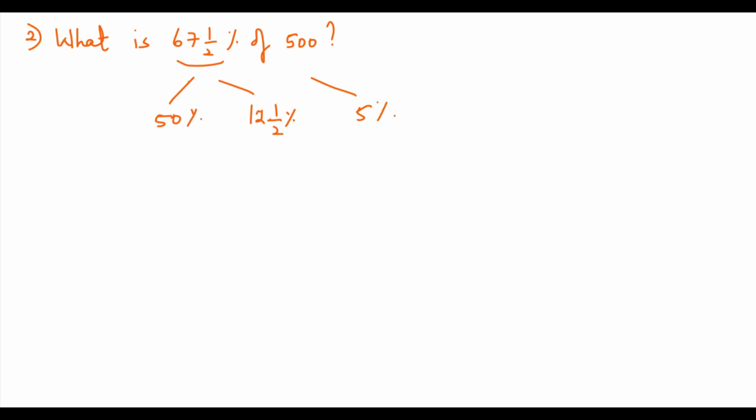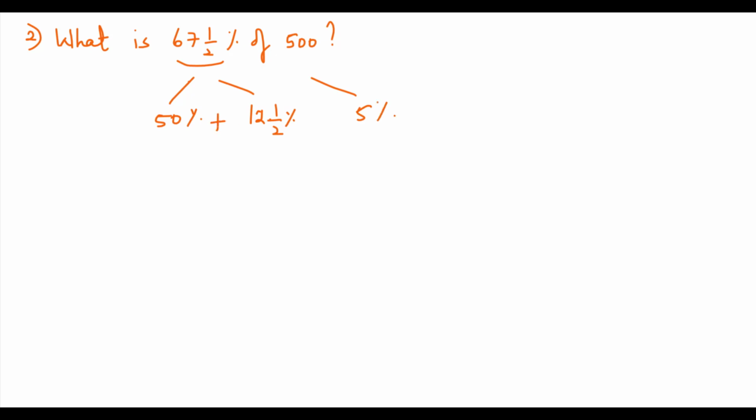Second question is, what is 67.5% of 500? So do we have any trick for 67.5%? No, we don't have. So what you have to do is convert it in such a way that you have a trick for it. That is, we have a trick for 50%, then we have a trick for 12.5%, then we have a trick for 5%.